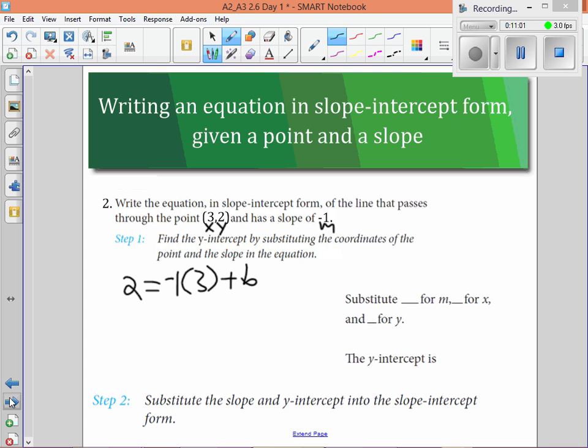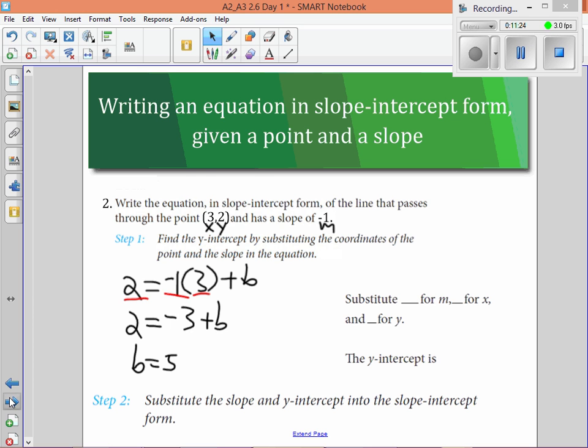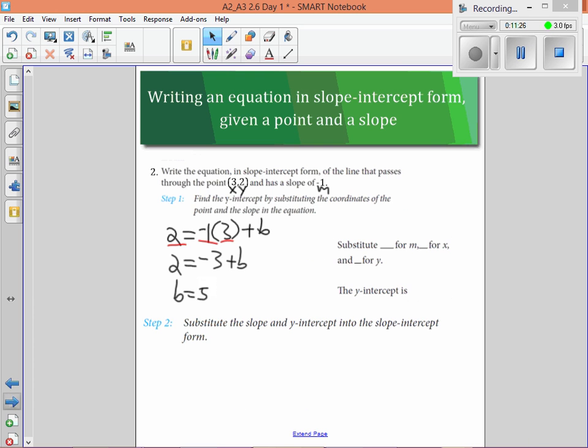I've substituted in for x, y, and m, and then I'm simply solving for b. Negative 1 times 3 is negative 3 plus b, add 3 to both sides. b is 5.